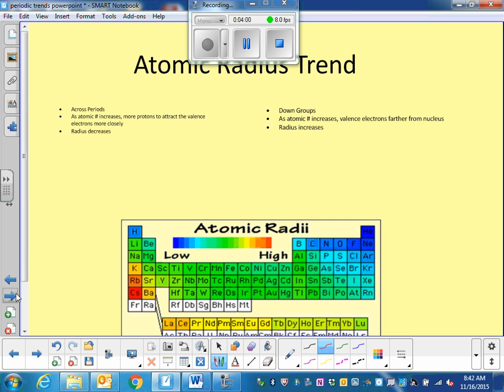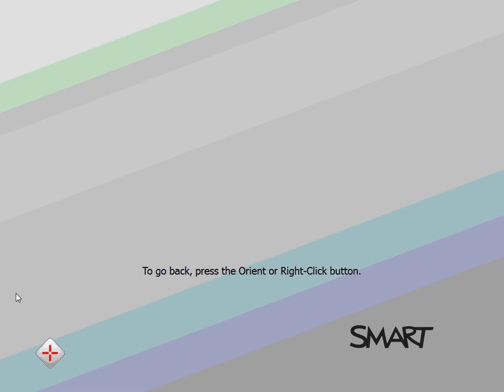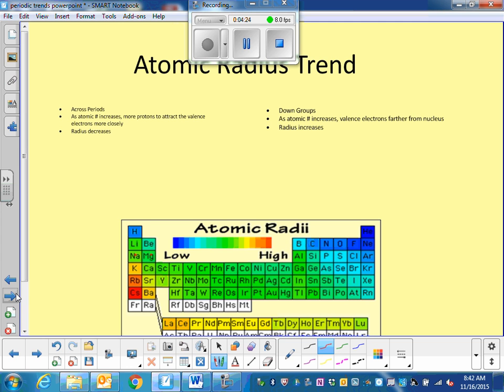So Sion, let's move to the next one. Sodium and magnesium. Here is sodium, here is magnesium. Which do you think has a larger radius? Sodium or magnesium? Very good. Sodium does have a larger radius, so please circle that in your paper.